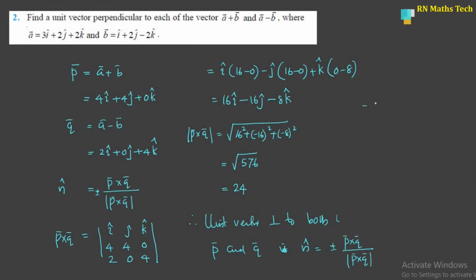So that's equal to plus or minus P cross Q, 16i minus 16j minus 8k, divided by 24. Okay. So that's equal to plus or minus 16 by 24 is 2 by 3, 2 by 3i minus 2 by 3j minus 1 by 3k. Okay. Now question number 3.